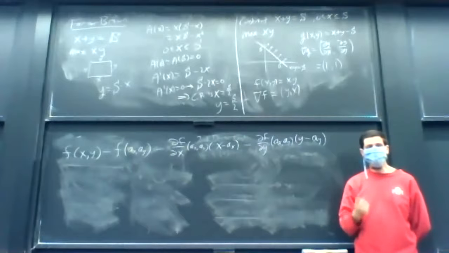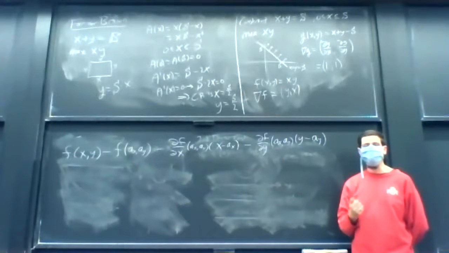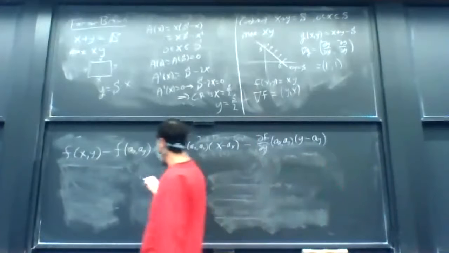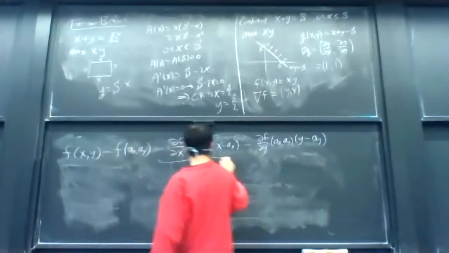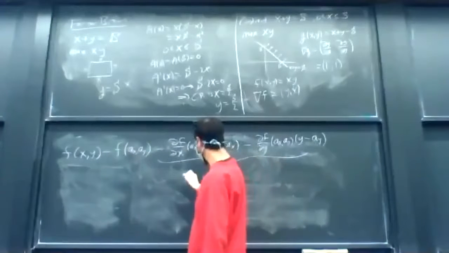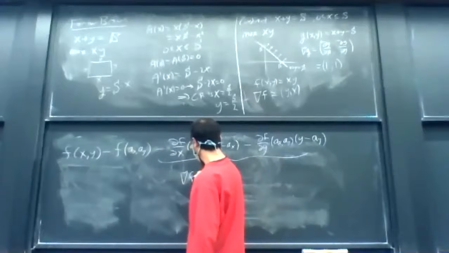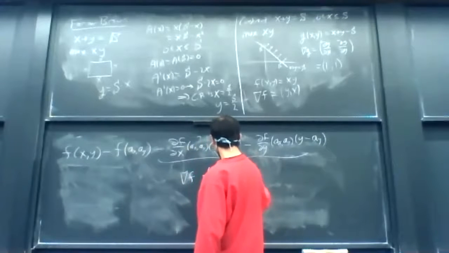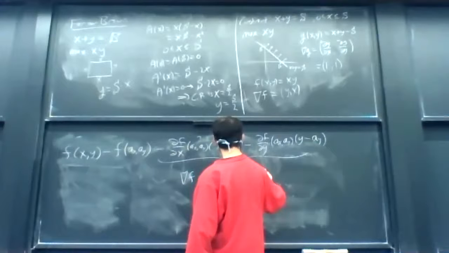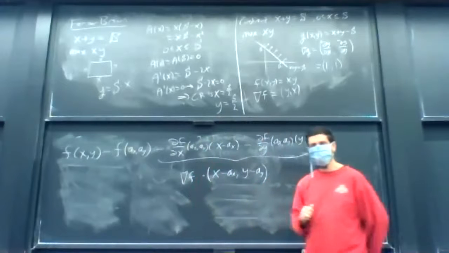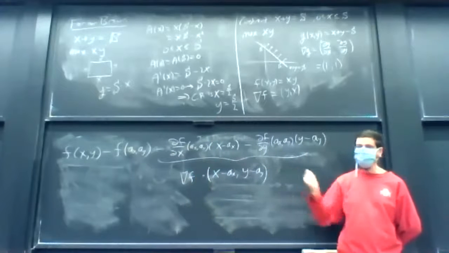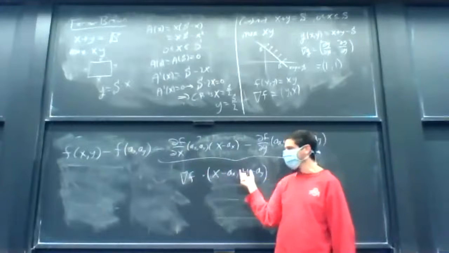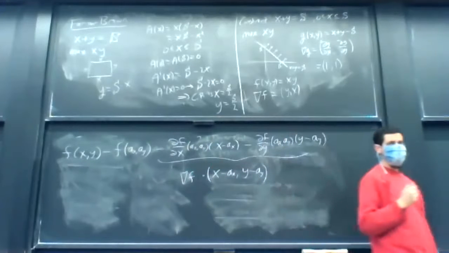When we talk about what it means for the function to be differentiable, it means the tangent plane does a great job. I can write this again as this whole part here is just the gradient of f dotted with x minus a_x, y minus a_y. This is giving us the change: the gradient of f times how much we're moving.